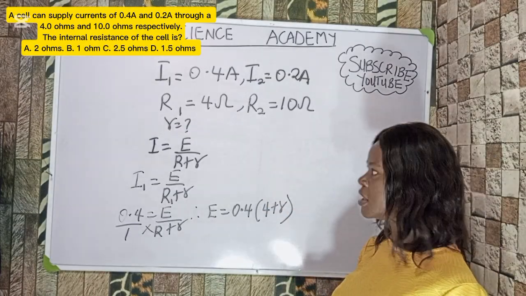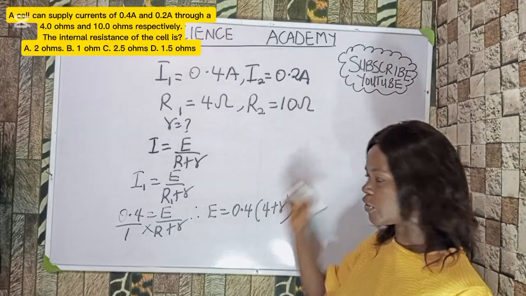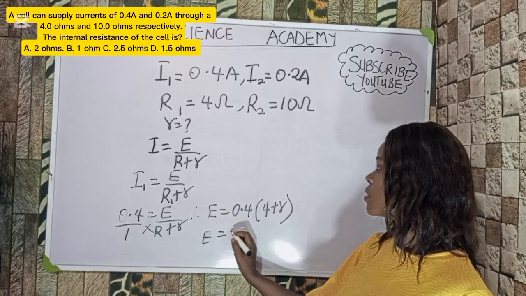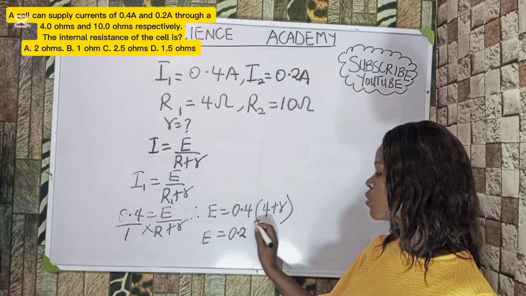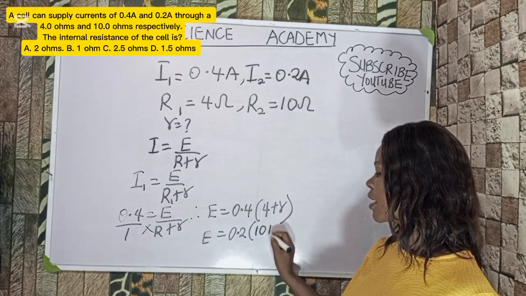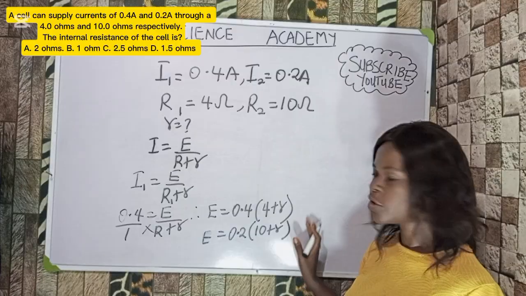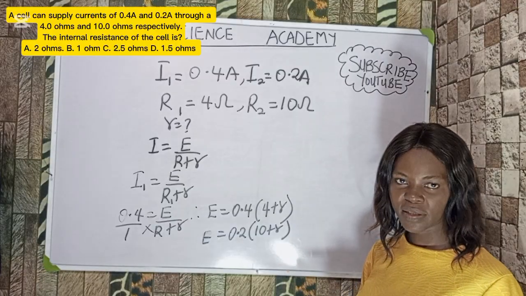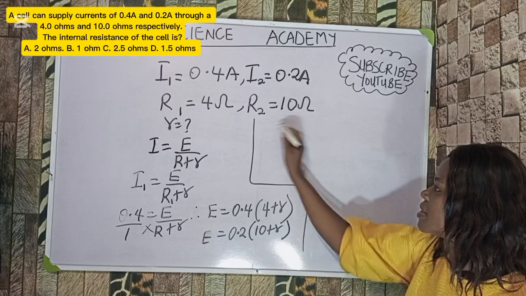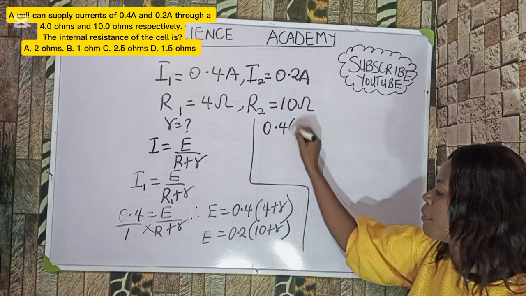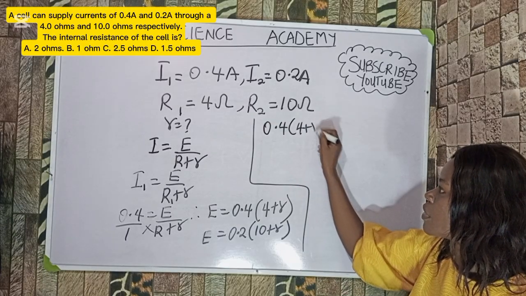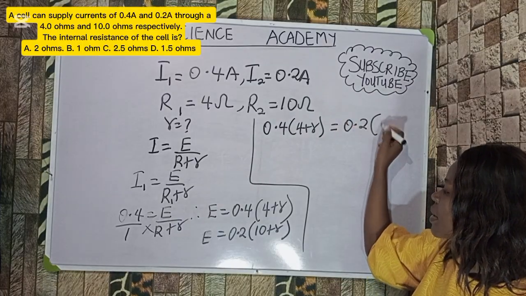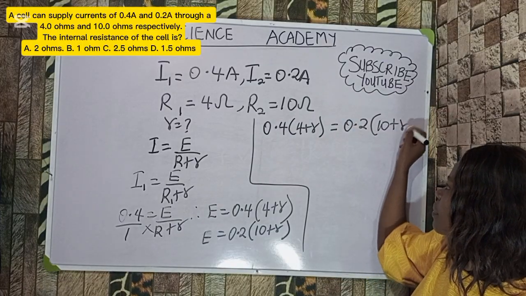Now similarly, if you do it for the second one, which is I2, you're going to have E is equal to 0.2 bracket 10 plus r. So we are going to equate the two to get the unknown, which is the internal resistance. So let's solve. 0.4 bracket 4 plus r is equal to 0.2 bracket 10 plus r.